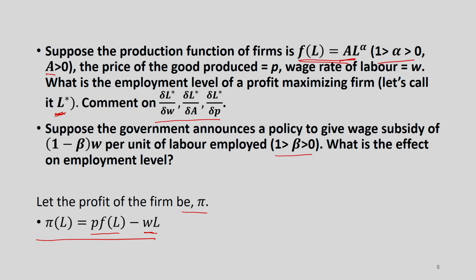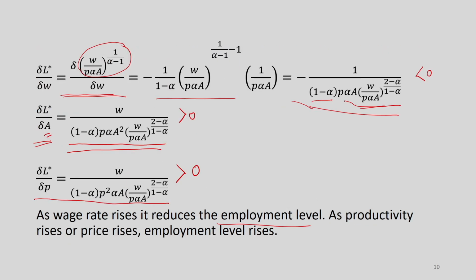So, one can think of capital A as a marker of productivity. As productivity rises or as price rises, small p being the price, L star goes on rising, because the partial derivatives are positive.